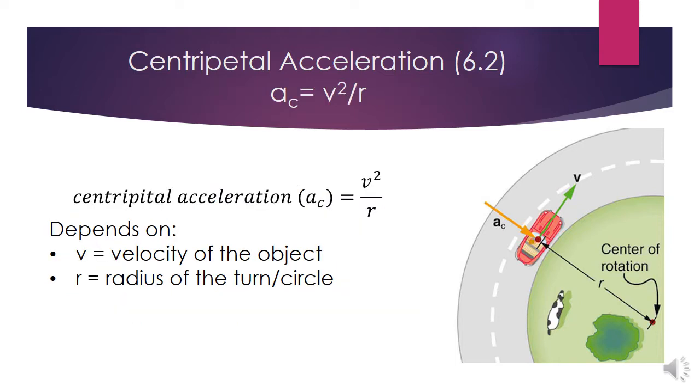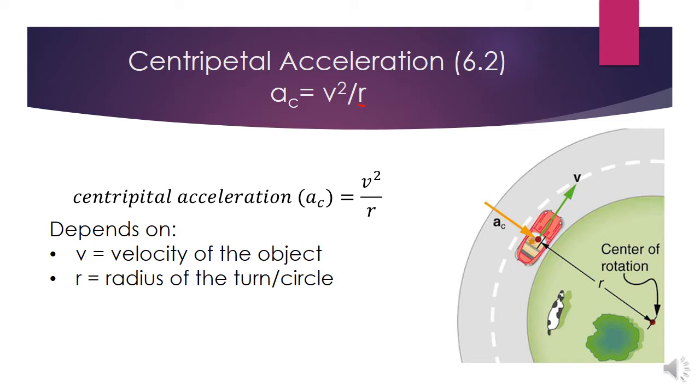To solve for centripetal acceleration, we have a different equation than we do for linear acceleration. With linear acceleration, we used velocity and time to figure it out. With centripetal acceleration, we're still using velocity, but we're using the radius of the circle as well. So our equation is a_c, c for centripetal, is equal to v squared divided by r.